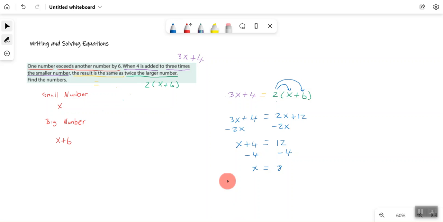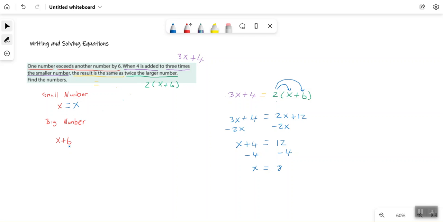So we have taken this expression and we have solved it. So now I know that x is equal to 8. So we know that the smaller number is equal to 8, and we can write that in. So the smaller number, x, is equal to 8.